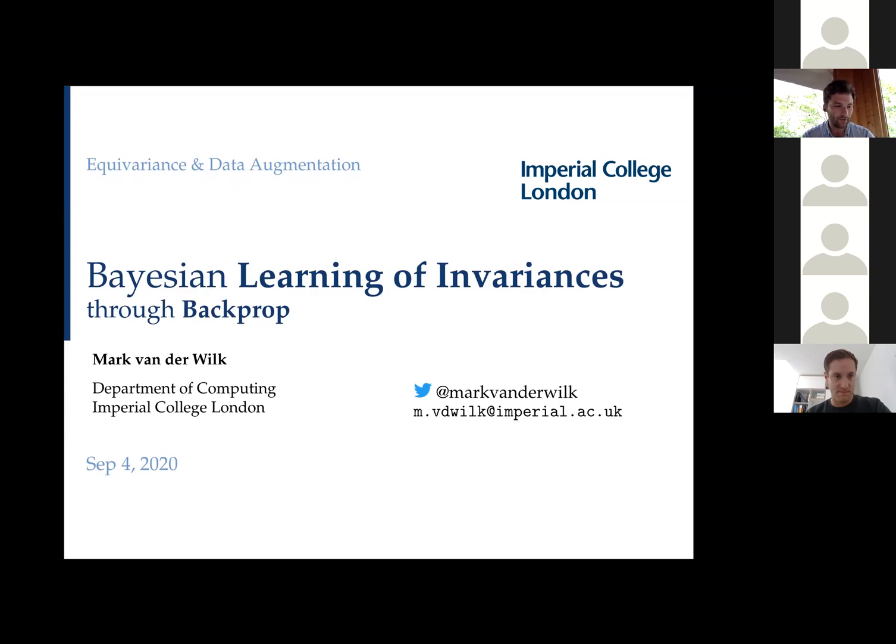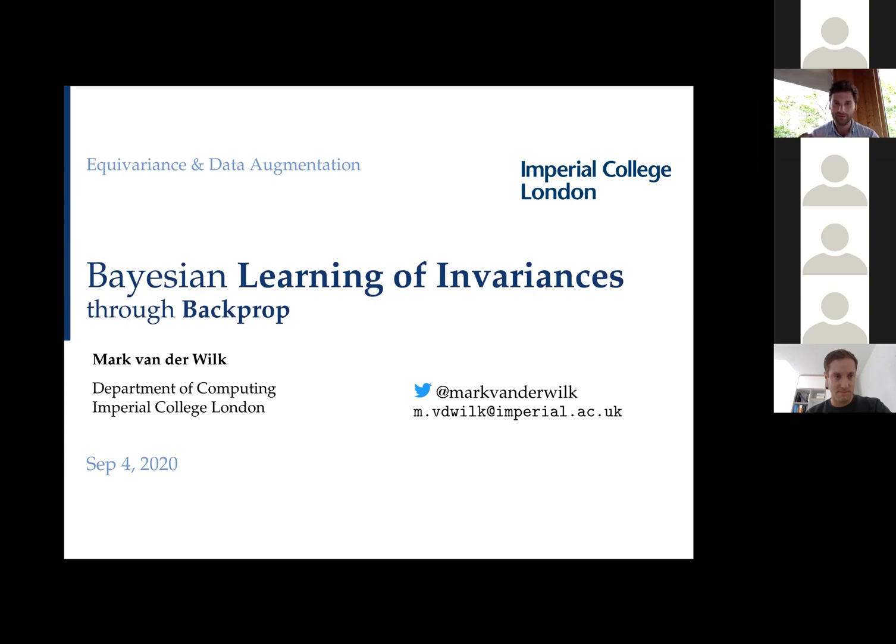So today I'll be talking about one particular approach to learning a good invariance for a particular data set. In this work, we focused a lot on trying to make the learning of the invariance as easy as learning a model's weights. To me, this is very appealing, because currently invariances are hand designed with a lot of human effort.